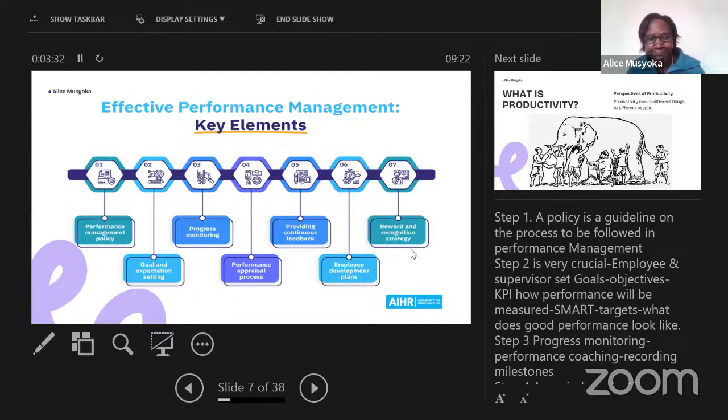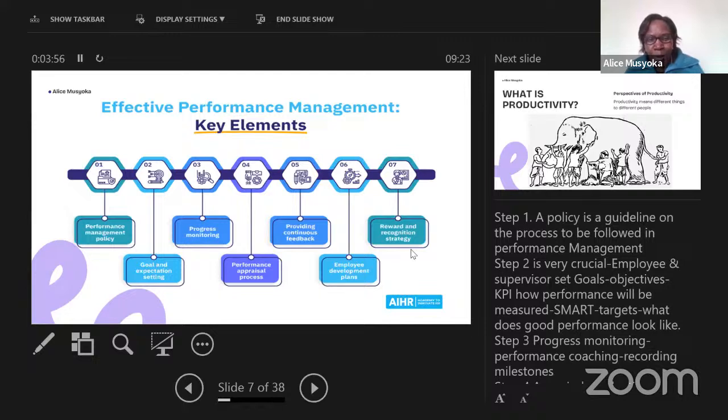Sometimes there can be performance management politics in an organization. But the best practice should be that we should be able to measure performance and distinguish a performer from a non-performer. Otherwise, we would be rewarding the non-performer if we don't measure performance well.